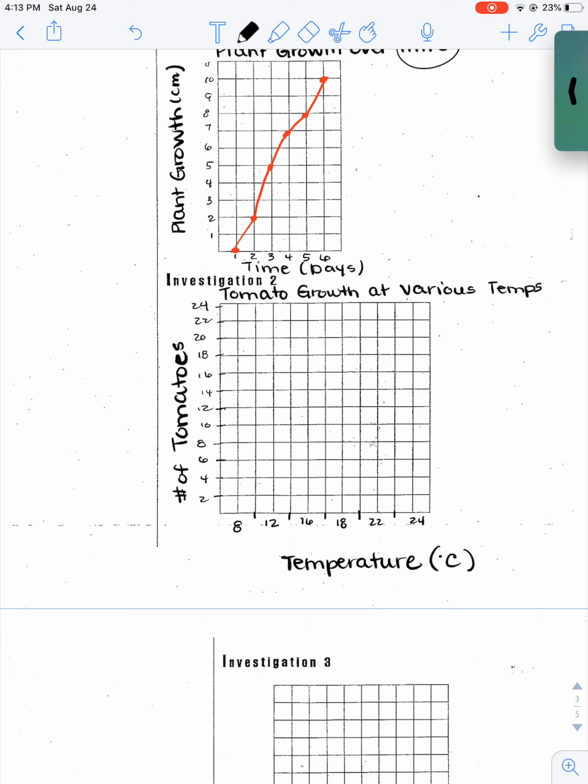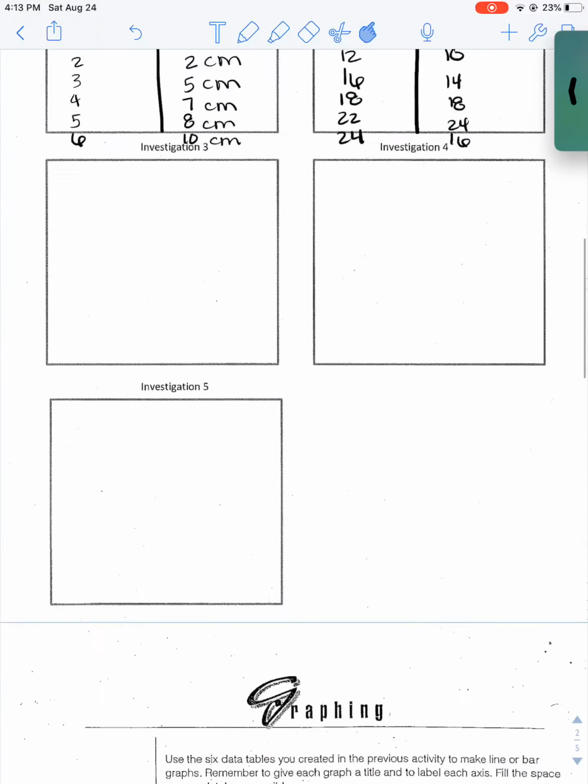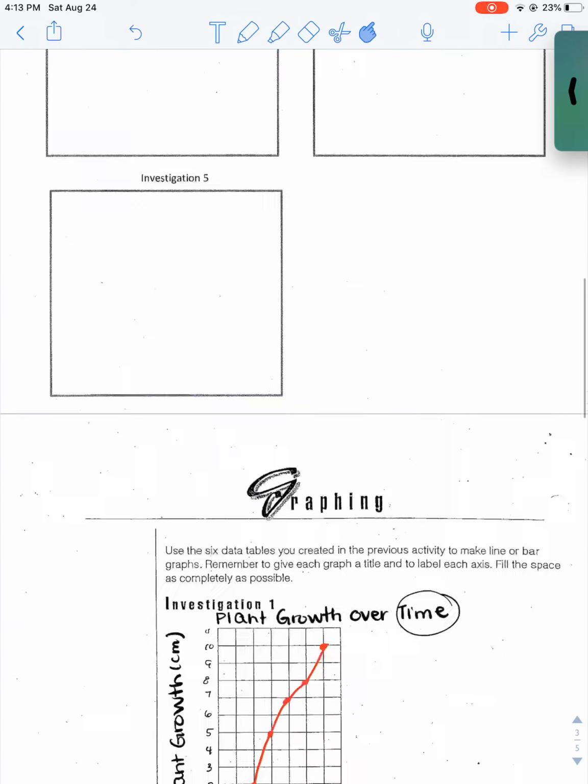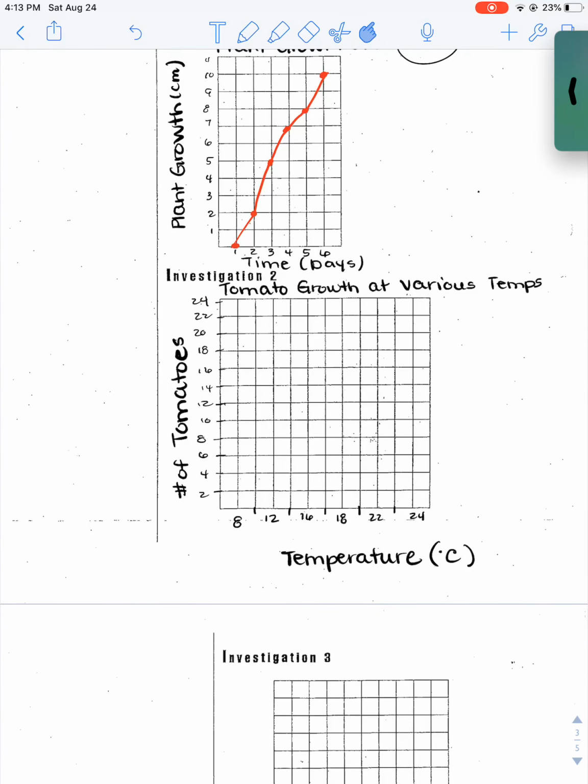Okay, now, am I dealing with anything changing over time with this graph? No, I'm not. So this means that I have to use a bar graph. Remember, line equals time.